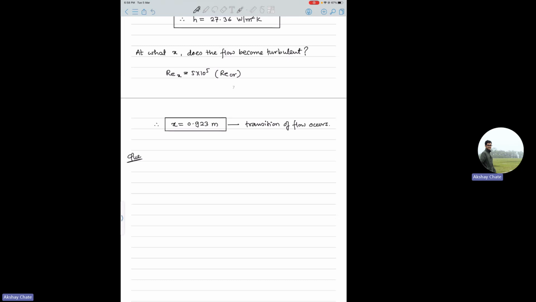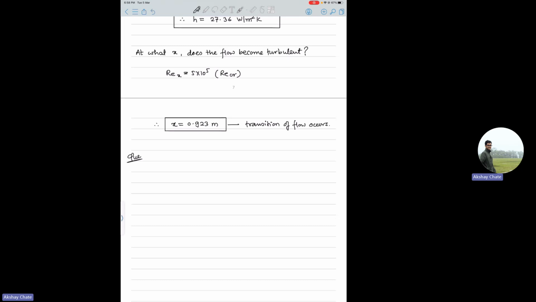But now, since you know how to calculate h, which is your heat transfer coefficient, there is a standard problem in which they'll give you a fin in a fluid where there is heat transfer taking place from the fluid. First part, they will ask you to calculate the heat transfer coefficient, and using that, in the next part of the question, you have to calculate the heat transfer from the fin, or fin efficiency, fin effectiveness, all those types of questions.